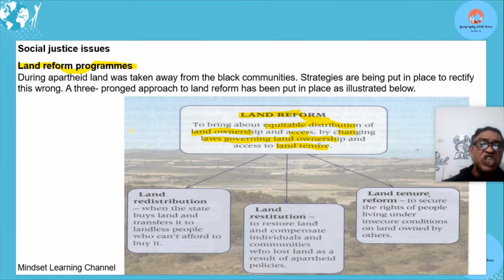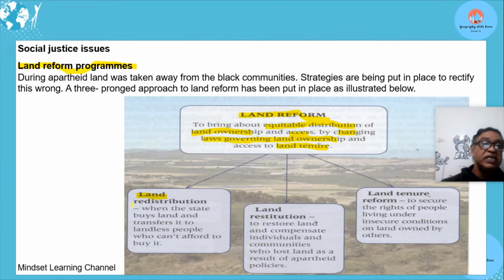So we want to change laws. Of course, the laws were changing from the apartheid era where people could just remove land, and people were forced, especially black South Africans, or people of color, to be pushed away from many areas. So let's look at the three ways in which this program was set about.